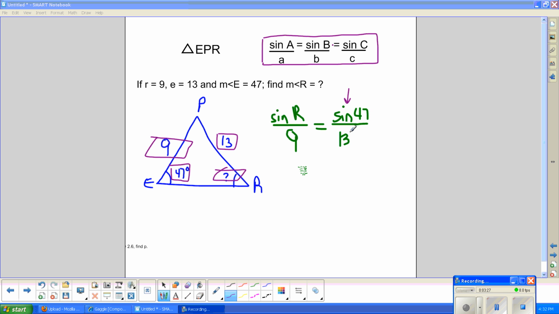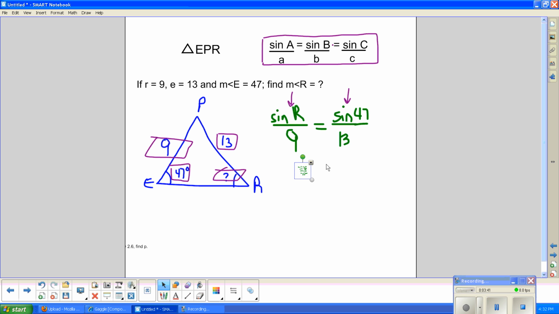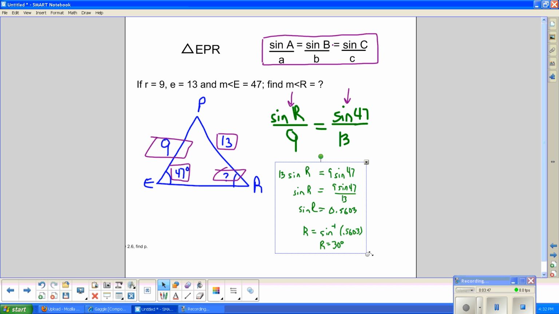So again, sine 47 over 13 is the one ratio. The second ratio here will be the 9 and the r, which is sine R over 9. And again, my first step here will be to cross multiply these two. Sine R times 13 equals 9 sine 47.